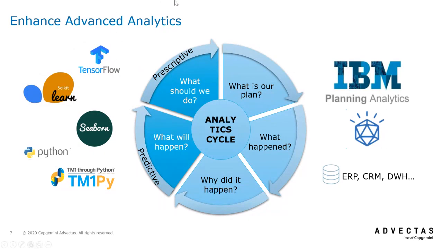And this is what gets at least me, as a prior controller and now as a tool specialist, excited, because I know it is now all available within the tool you're already using. So you don't need to install and buy additional tools. You can just use TM1 as you have been doing.